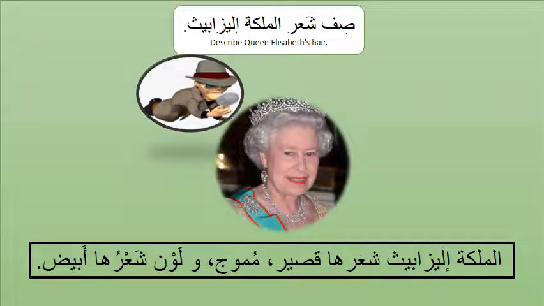صف شعر الملكة Elizabeth. Describe Queen Elizabeth's hair. I'm going to start with the name first. الملكة Elizabeth شعرها قصير مموج ولون شعرها أبيض. Queen Elizabeth's hair, is it tall or short?